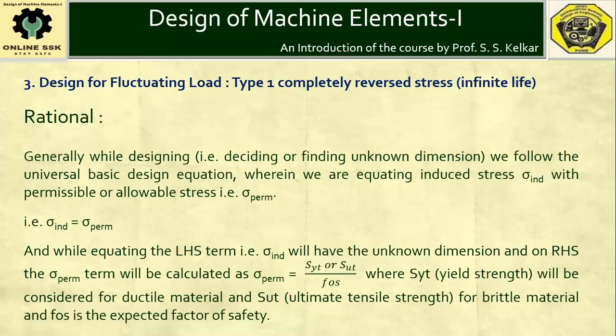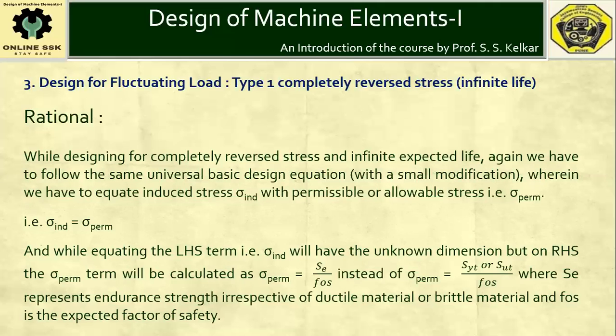So, the universal design equation for static loading is sigma induced equals sigma permissible, wherein sigma permissible is given by SYT or SUT divided by factor of safety, and on the left hand side sigma induced will contain the unknown dimension. While equating, the unknown dimension will be calculated. This is the general procedure for static loading.